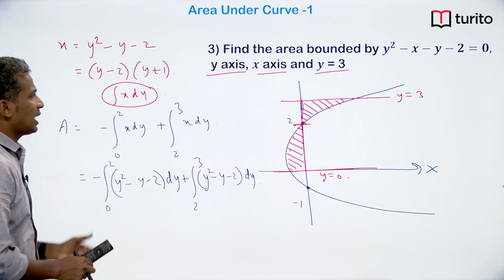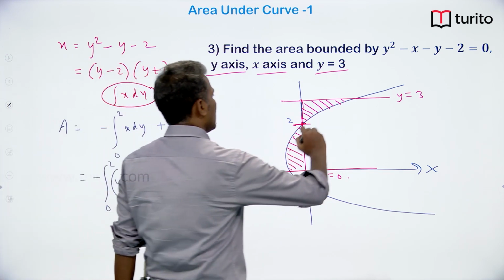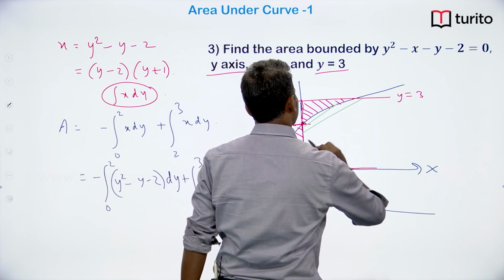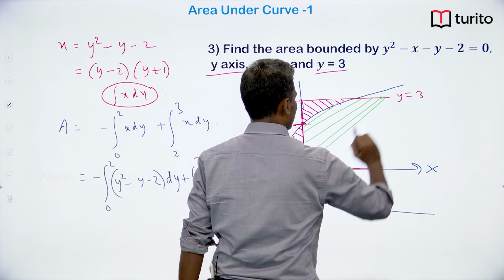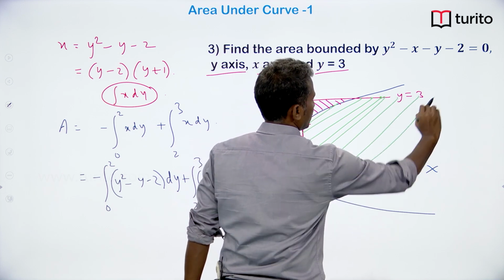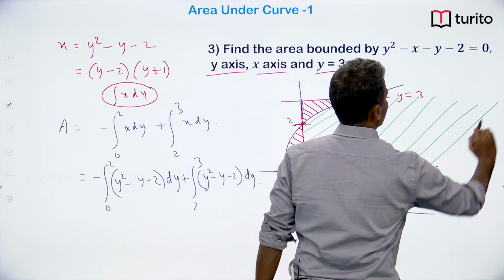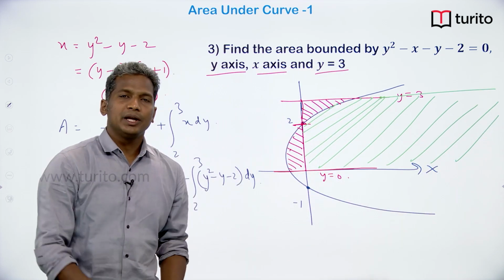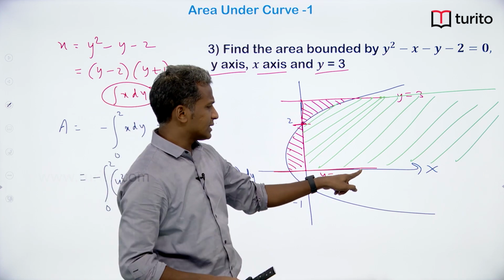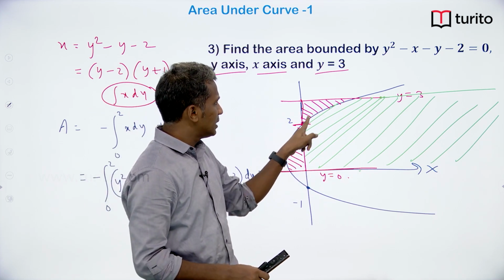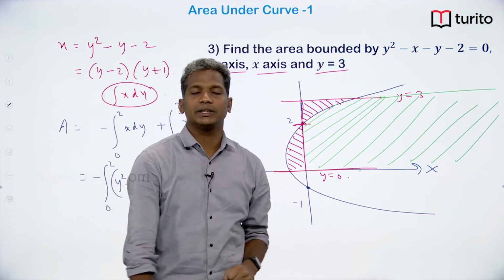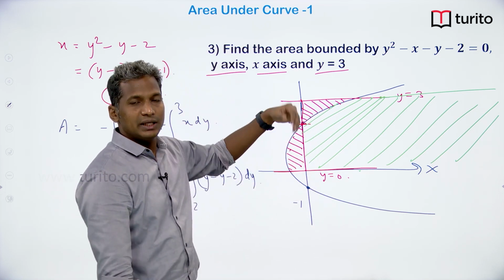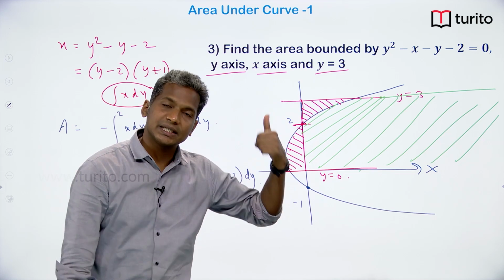For example, let us say I take green and I draw this area. If you notice, here also the boundaries are x axis, y axis, the curve and y equal to 3. So it could also be meant by the statement.